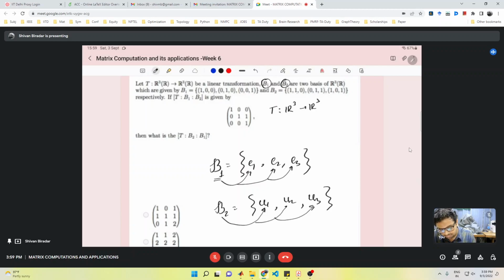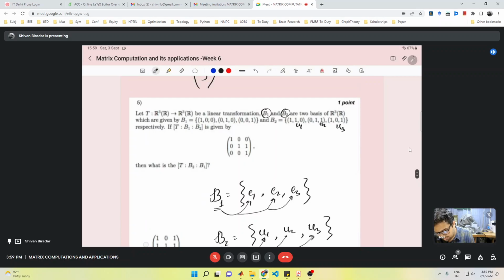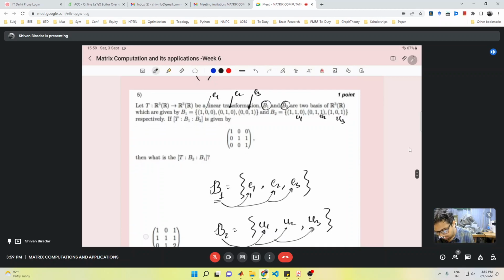U1 is this, U2 is this, and U3 is this. E1 is this, E2 is this, E3 is this. And we have been given the coordinate matrix corresponding to linear transformation T from basis B1 to B2, and that coordinate matrix is this matrix.